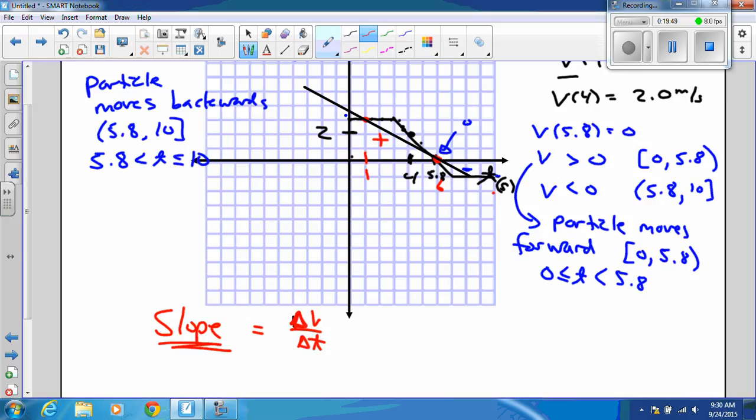There's no guesswork about it. We just look, boom, boom, delta V over delta T. Now that we have written that expression, we interpret it according to physics. What is our physics term for delta V over delta T? Acceleration. And in particular, it is an average acceleration, because it's over a time interval, in this case from 1 to 6.